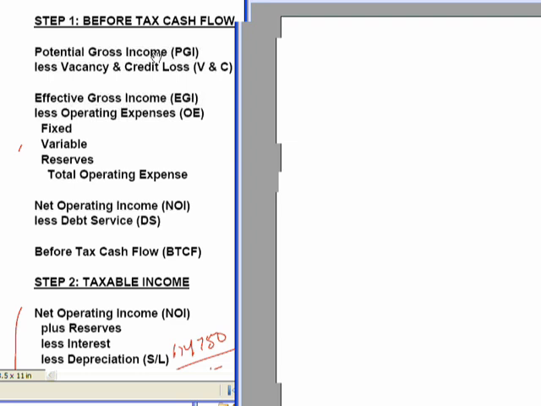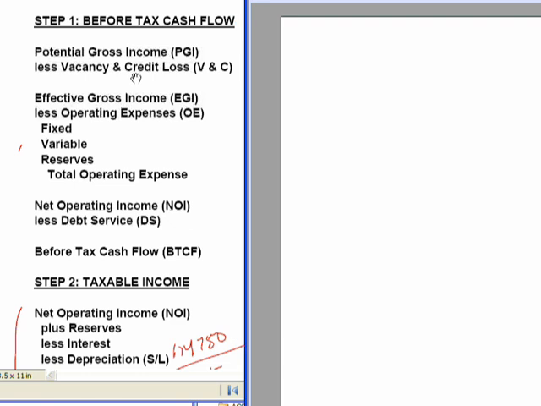What we're going to do is first start out by calculating potential gross income, PGI. And we can use the abbreviations. I know what PGI means, and you should know what PGI means after we get done with this. Less vacancy and credit loss. PGI is potential gross income because it's not actually what we collect typically.